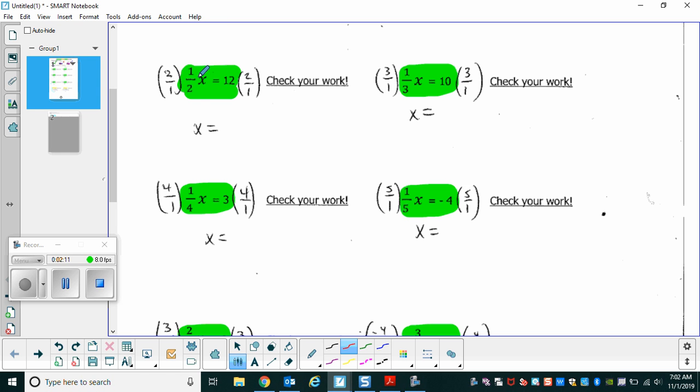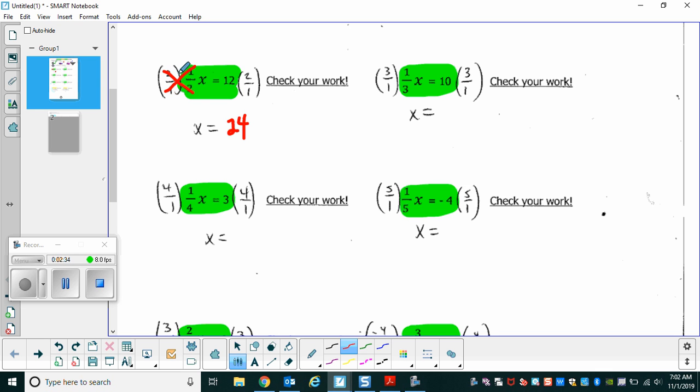Now I want to remind you guys that the goal is for this coefficient to be a 1. So that's why we multiply by the reciprocal, because 2 over 2 cancels out. And what we do on one side, we've got to do to the other. So on this side, 12 times 2 is going to be 24. We do not need to write the 1 as a coefficient because 1 times x is just x. So right here, 1/2 x, we multiplied both sides by 2 over 1.